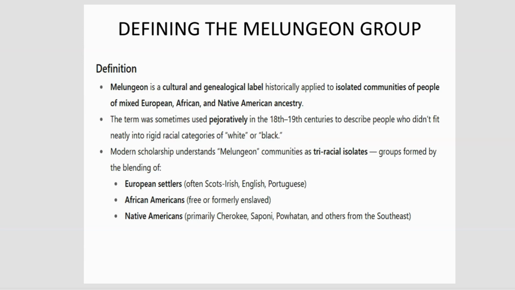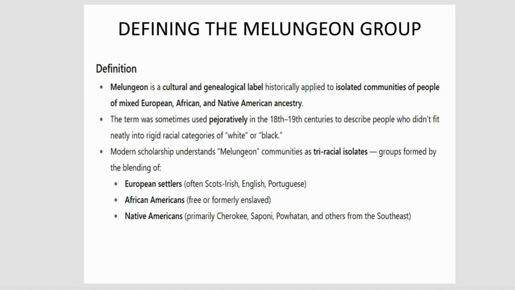Toward the bottom, it shares the groups that were formed by the blending of European settlers: the Scots, Irish, English, Portuguese. It's interesting to know that European incorporates all of these different areas, because I have Scottish descent, Irish descent, UK descent.